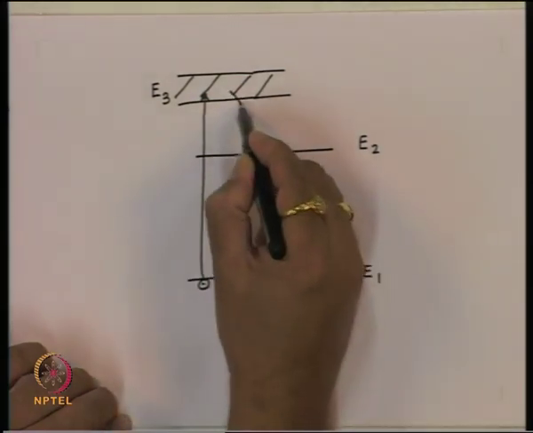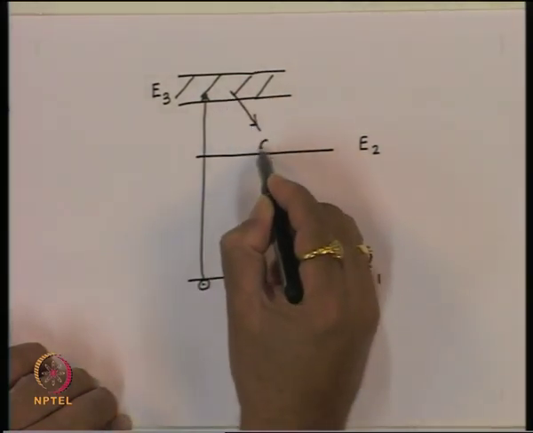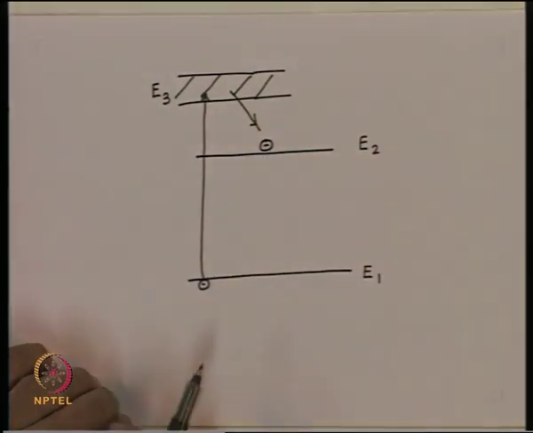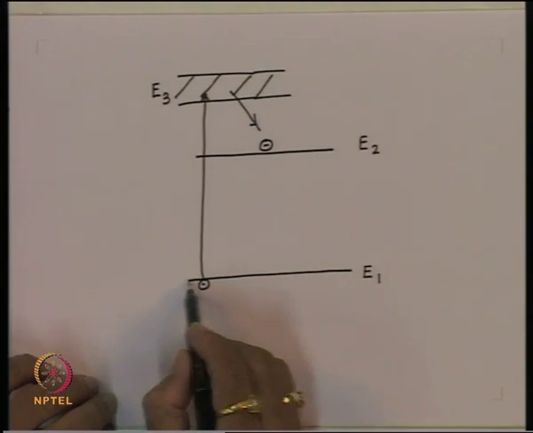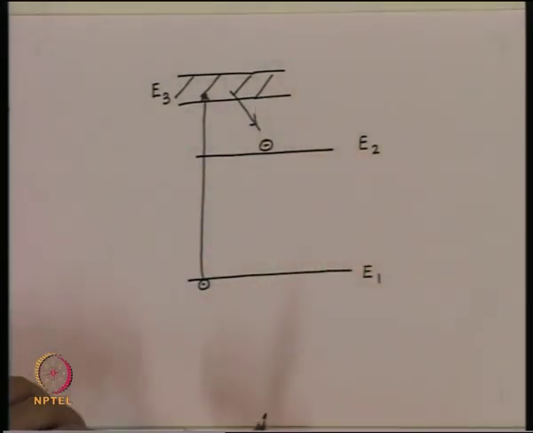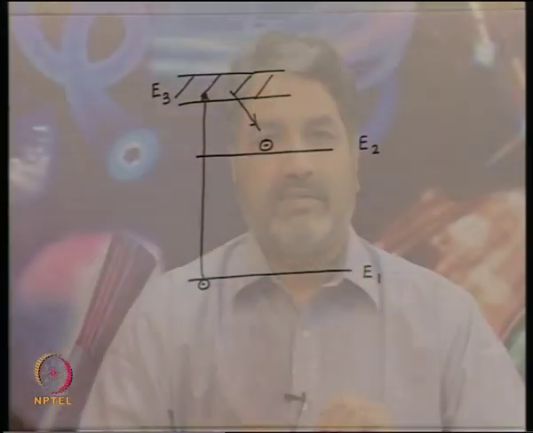So, the electron will come from here to here, and it will come to second level. So, if I say the energy levels 1, 2, 3, they have different time constants, spontaneous time constants associated with them.